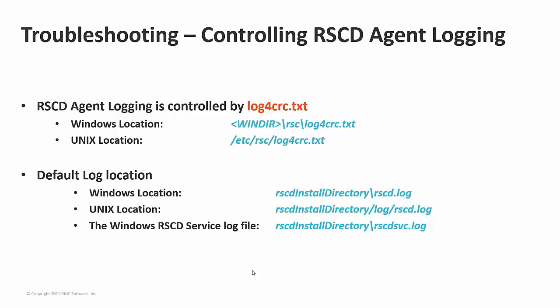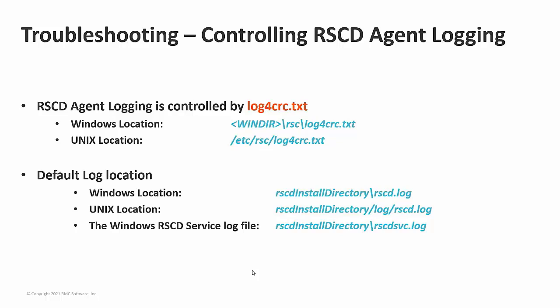This file is present by default for Windows targets under the C:\Windows\RSC directory, and for Unix or Linux targets it will be present under the /etc/rsc directory. Using this file, we can control the type of logging we require for RSCD communication troubleshooting.